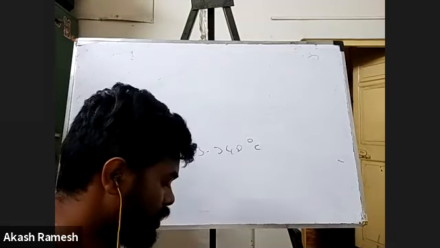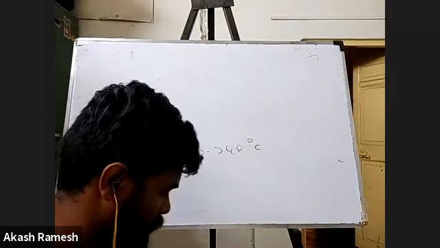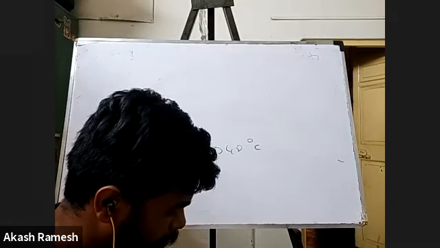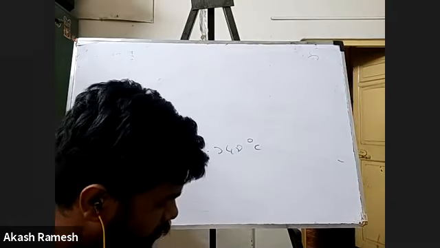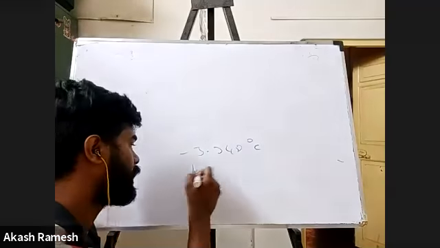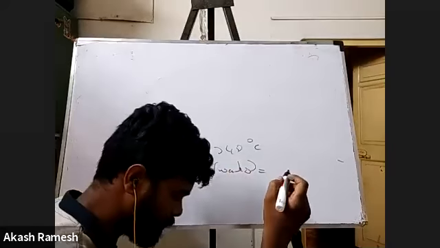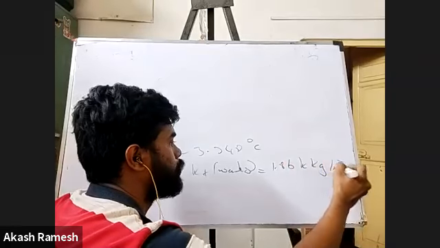Now the question is, calculate the Van 't Hoff factor for this solution. They are given Kf for water to be 1.86 Kelvin kg per mole.